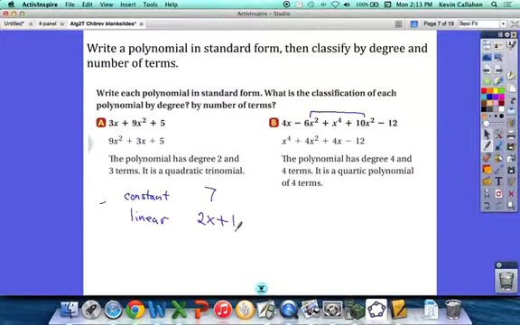Because the x is raised to the first power, it's linear. This doesn't have an x in it. Another way to think of it is like this. It's got x to the 0 power, but anything to the 0 power is 1, the number 1, right? That's why you don't see it. Okay, so a constant is a 0 degree function.